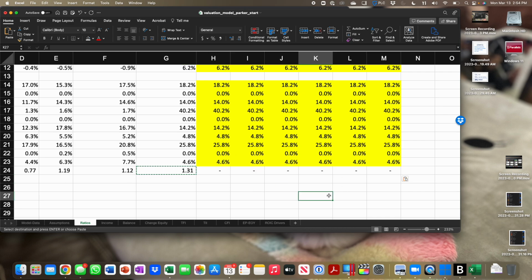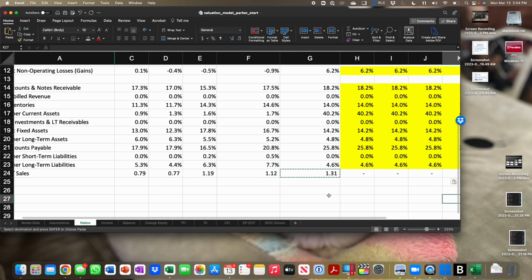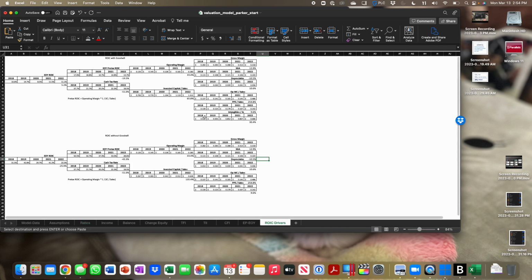Right now it's going to be 0. And the reason why is row 24 is invested capital divided by sales. That's the productivity ratio off the ROIC tree. So this is a forecasted invested capital to sales over here. This is the historical. So these numbers come from the ROIC tree here.